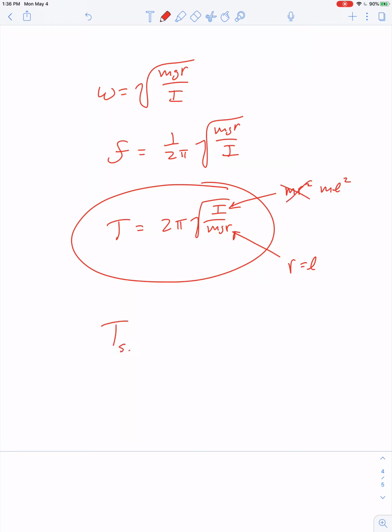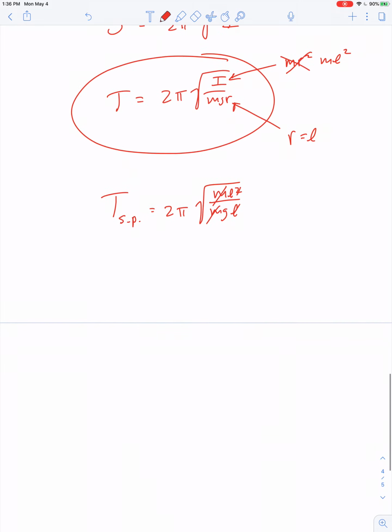So the period for a simple pendulum is 2 pi times the square root of ml squared over mgl. The m cancels out, one of the l's cancels out, and we have period equals 2 pi times the square root of L over G.